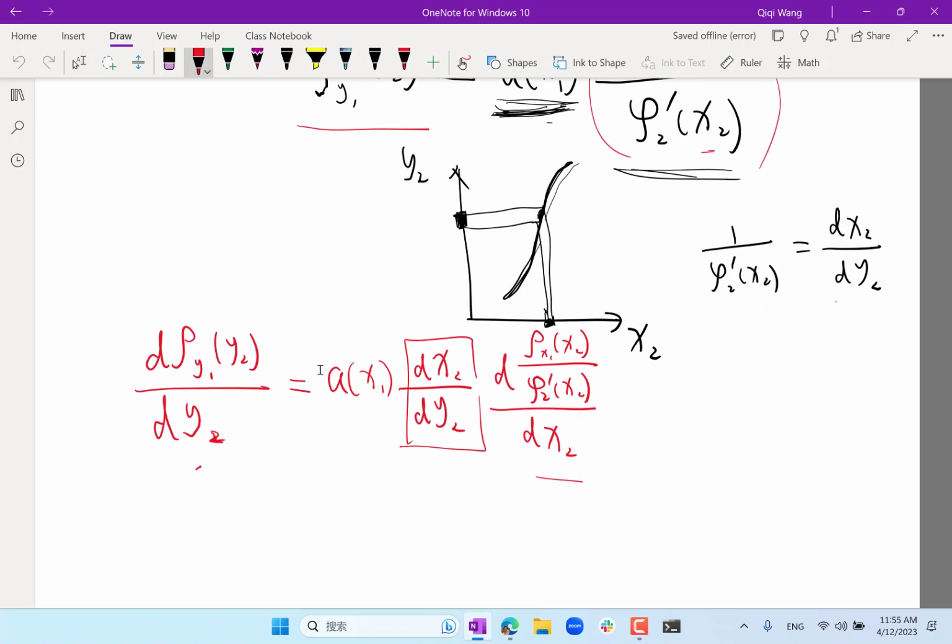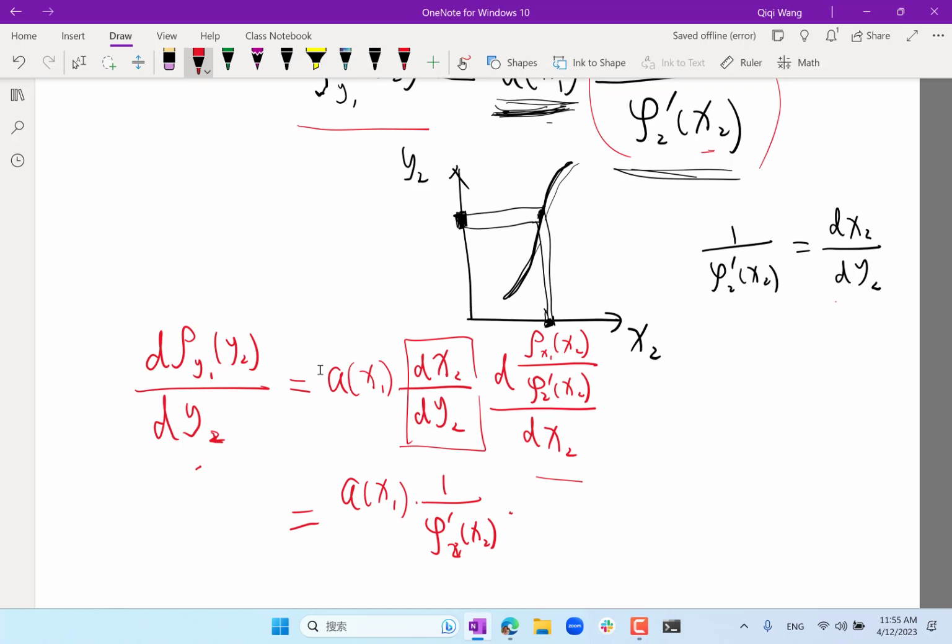Okay, and that gets us the a, and this ratio is 1 over phi prime, and then the ratio has two terms.